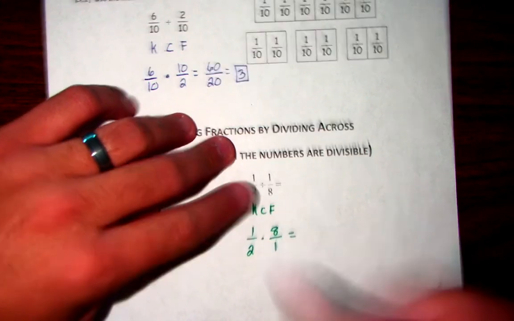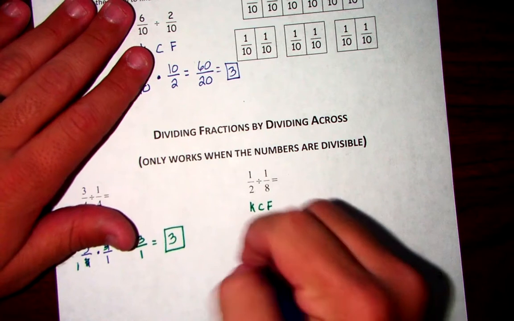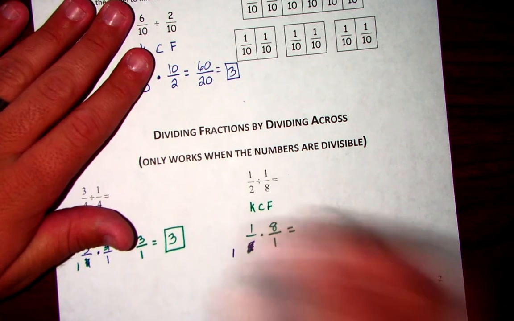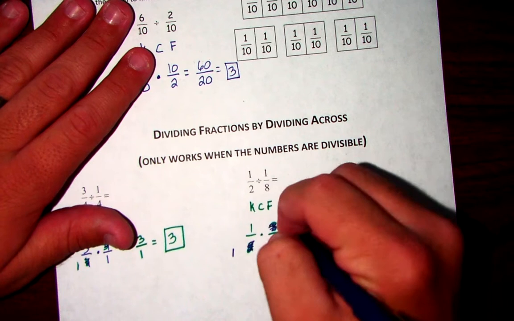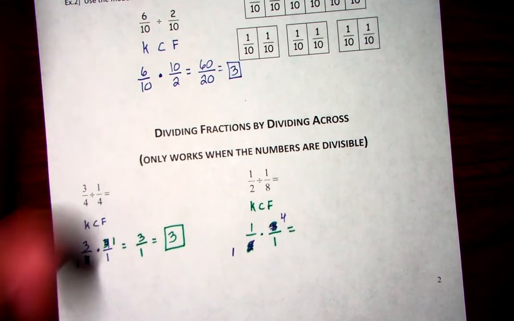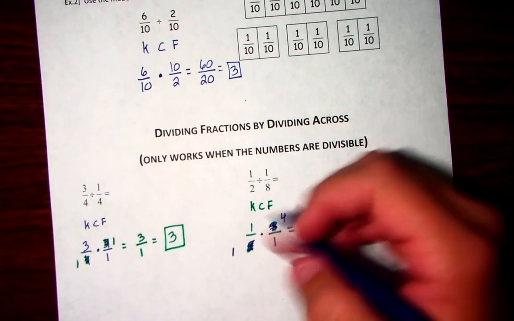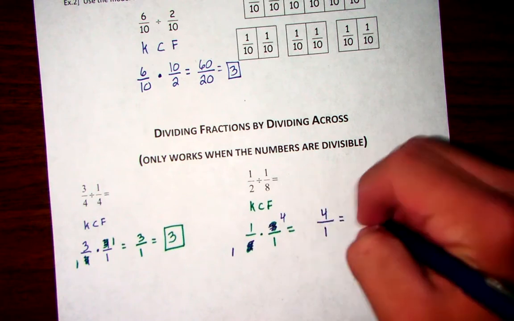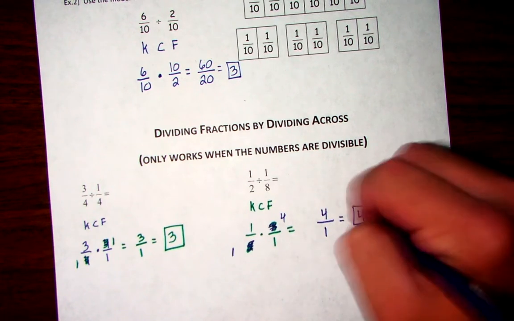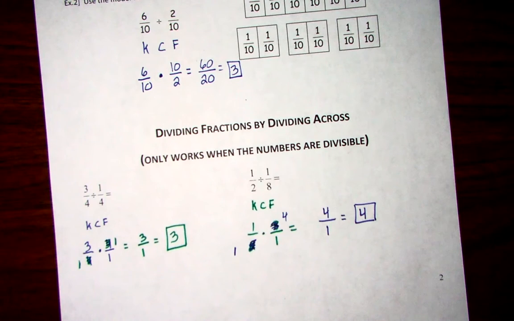Well, 2 does. How many times can 2 go into 2? One time. How many times can 2 go into 8? 4 times. Multiply straight across. 1 times 4 is 4. 1 times 1 is 1. 4 divided by 1 is 4. Done.